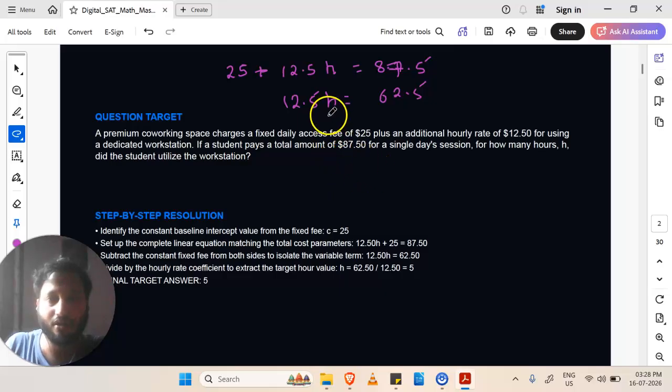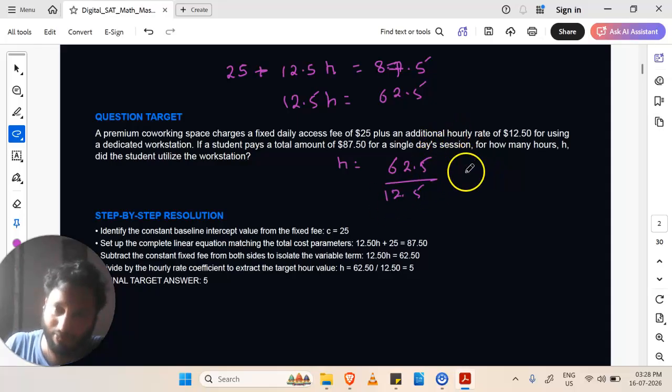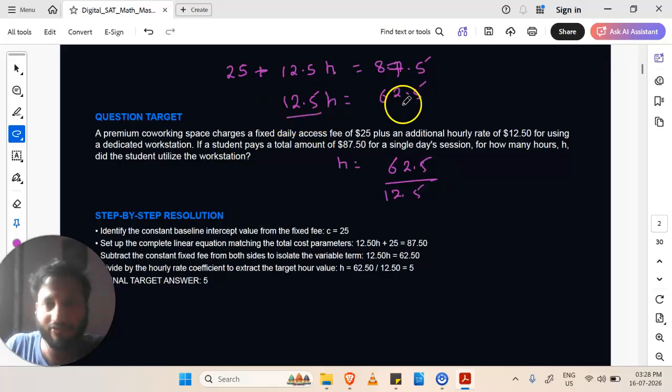And now you have to quickly solve it within the time frame. Either you can do it the traditional way: dividing both sides by 5, cancelling the terms till you get a proper number. Or you can notice this is half of 25 and this is half of 125.